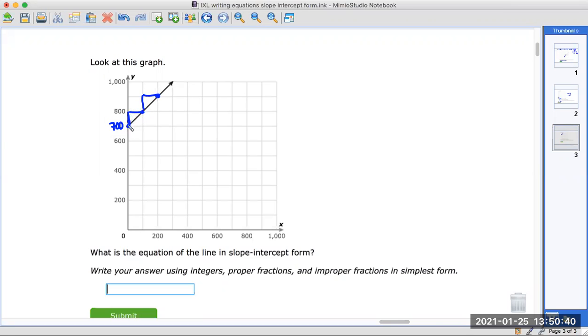So you need to figure out how much you're rising and how much you're running. You're rising 100. And then you go over here and you have to figure out what number that is, also 100. So the slope is +1. And your y-intercept is 700.